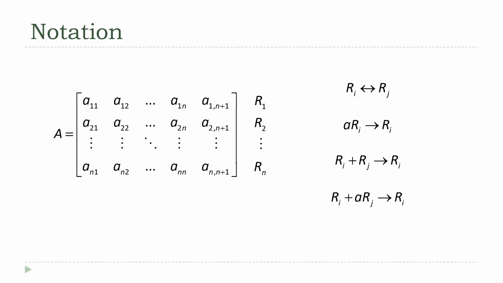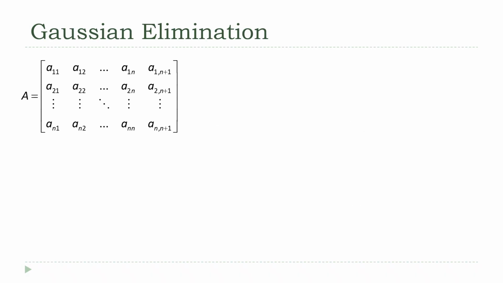Okay, so with that notation in mind, let's talk a little bit about the algorithm itself. So our goal is going to be, as the first step, to convert every value in the first column below the first position into a 0. So to eliminate the value in the A21 position, we'll use this operation acting on the second row.